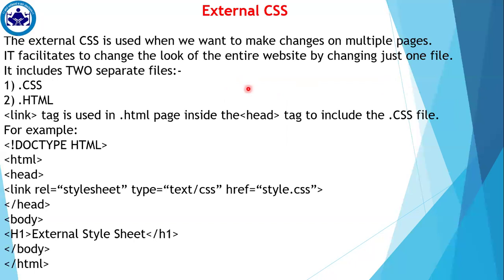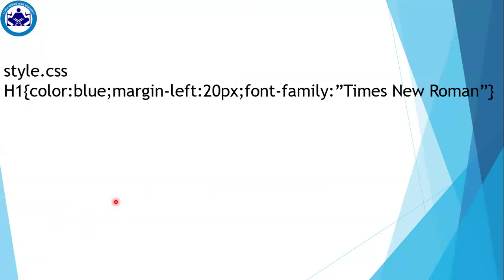So again, when we execute this .html document, because of the link which we have applied, this h1 will change to the style which we have used in style.css. So here the CSS file is separate, that's why it is called an external style sheet.